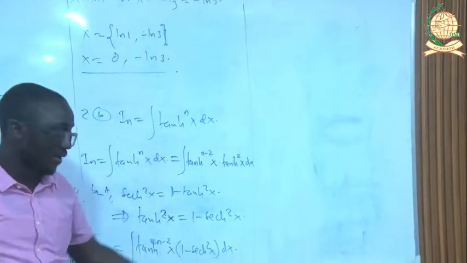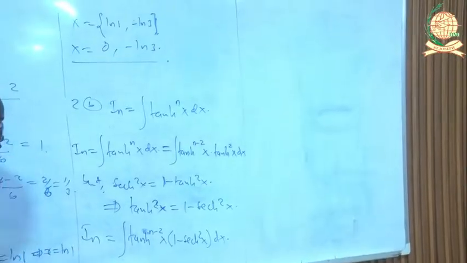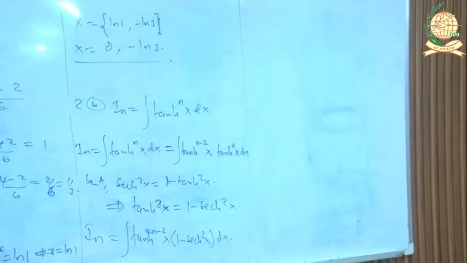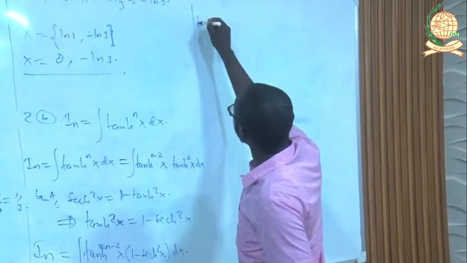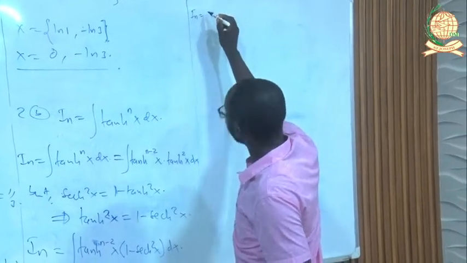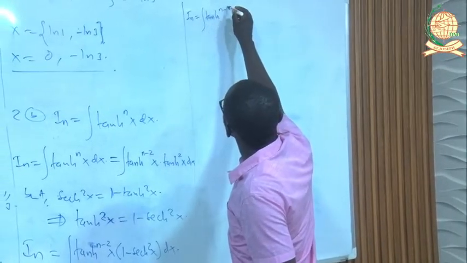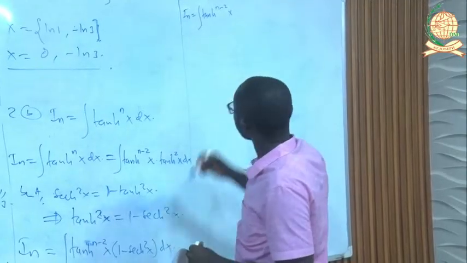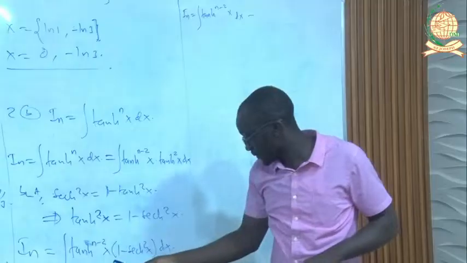So you're going to open the bracket by multiplying each term with this outside here, tangent power n minus 2 x. So you're going to multiply it. So I n was the integral of tangent n minus 2 power x dx minus, I hope you understand here, there's a minus here.